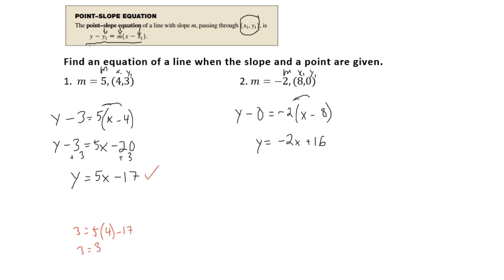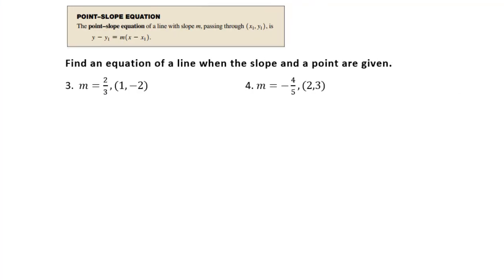So it's got a slope of 5 here, and that point is on the line. Same thing over here. We can plug in 0 equals negative 2, x being 8 plus 16, and that's negative 16 plus 16. So that point is found on this line with a slope of negative 2. All right, let's go ahead and look at another example.